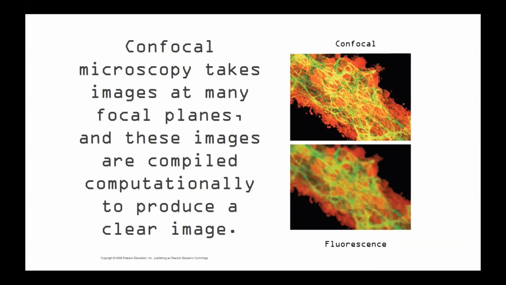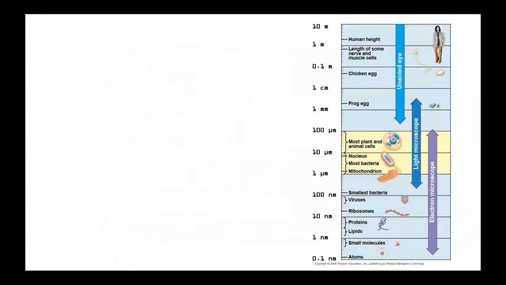But you guys know that there's a lot more detail and smaller structures that we might want to be able to see. Okay, so we then have to think about the relative sizes of things. Okay, so here is sort of a scale from things we can see with the naked eye, light microscopy, and what happens when we get even smaller than that.